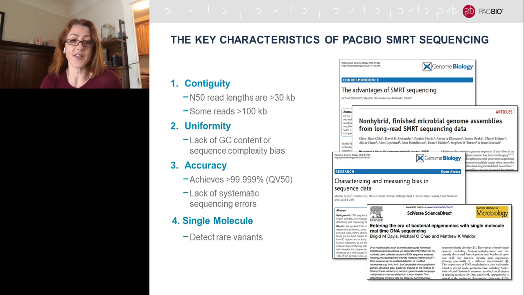We have very high accuracy and are able to achieve QV50, or 99.999% accuracy, with sufficient coverage because we lack a lot of the systematic errors that are introduced by the PCR, which is a component of short-read sequencing. And then finally, PacBio sequencing is single molecule, which means that we are able to detect rare variants.